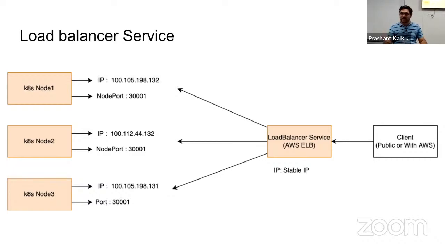It creates a load balancer essentially, as long as your cloud provider, AWS, provides you the ability to do that. So Kubernetes allows you to create a load balancer service which will give you a standard IP or a DNS name, and then you can use that to communicate with the application.